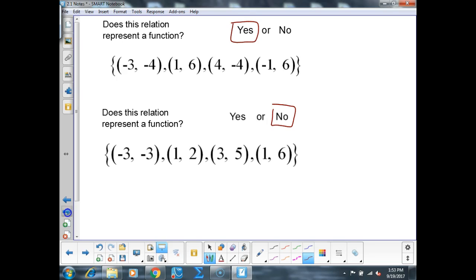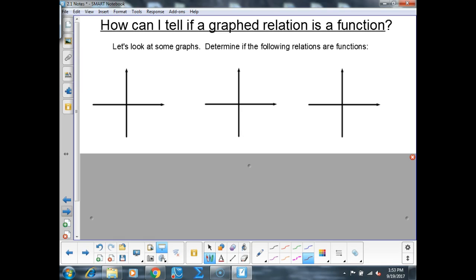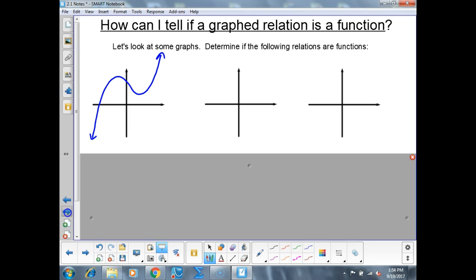Graphically, how can I tell if a function is a function? Let me throw up three different kinds of functions. This is a cubic function. This is a square root function. This is a parametric trig function.